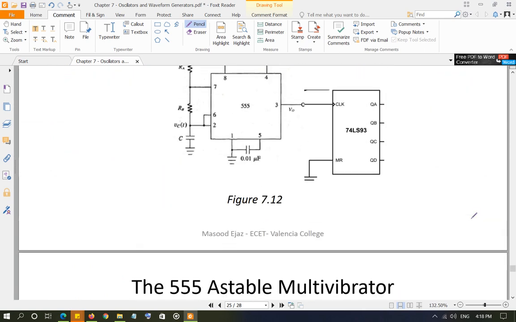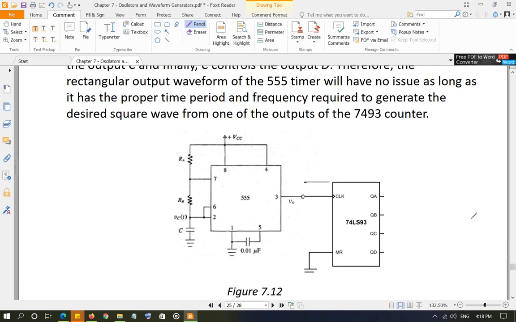So what we can do is use our 555 astable multivibrator circuit, and use the output of that to run a counter. That counter can be 4-bit, it can be 8-bit. I'm just taking an example of 4-bit. It can be 2-bit, and with 2-bit you will only have QA and QB.